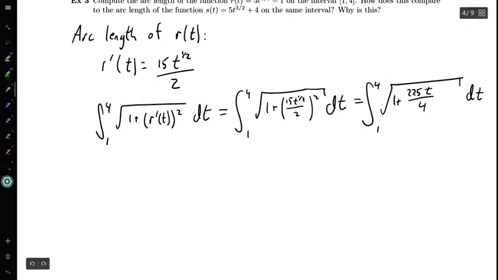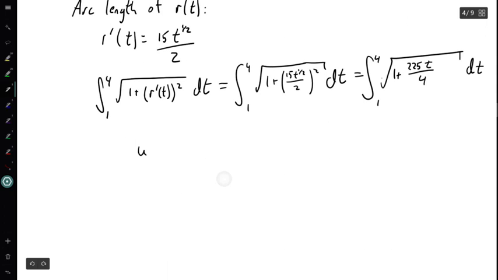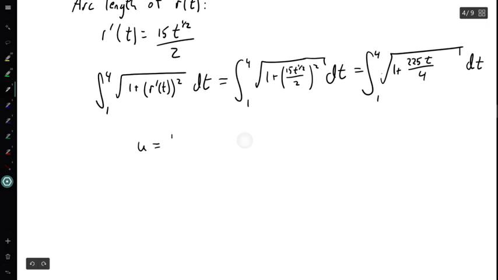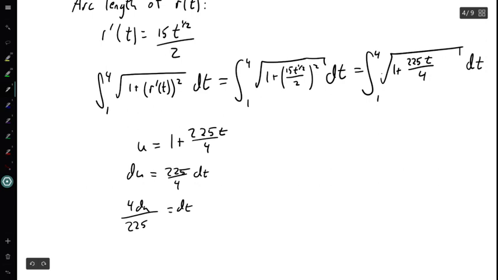So if we use the u substitution, u equal to 1 plus 225t out of 4, then we get du equals 225 out of 4 dt, which is to say that 4 du out of 225 equals dt.